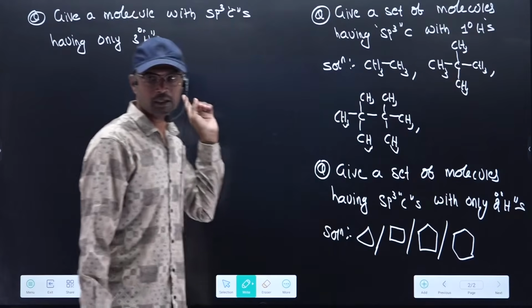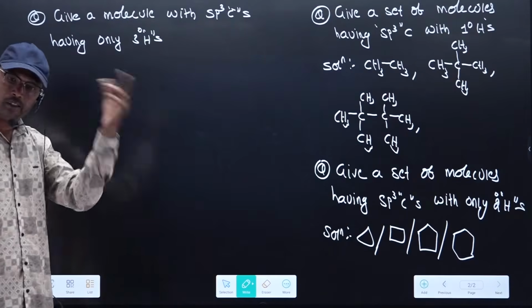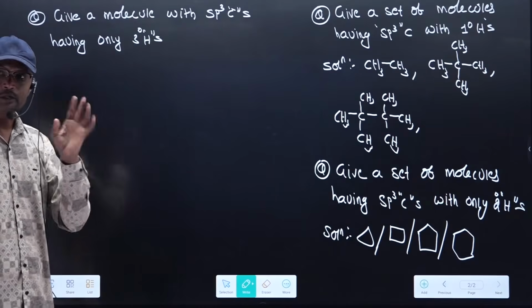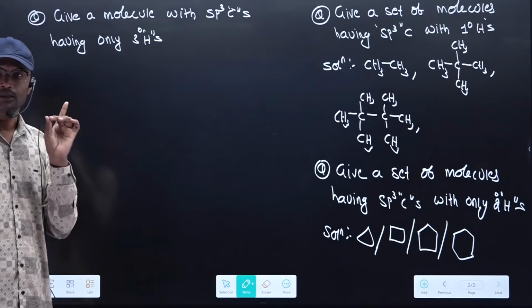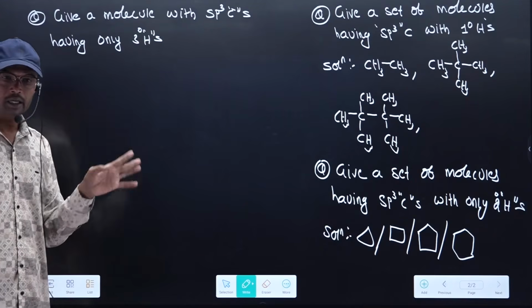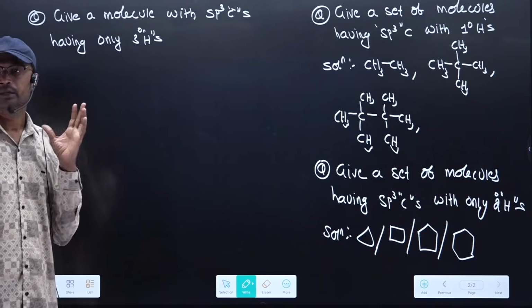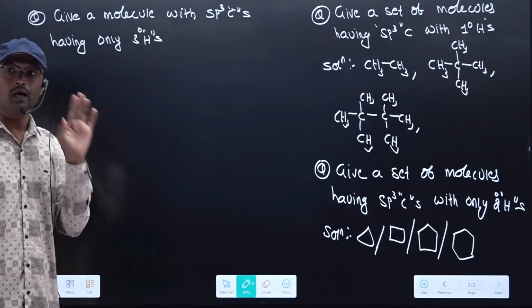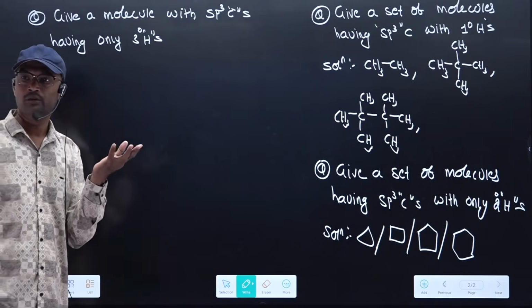And here what am I asking? They carry sp3 carbons. All are sp3. But they should carry tertiary hydrogens only. They never carry secondary, never carry primary. You can take quaternary carbon because quaternary carbon has no hydrogen.